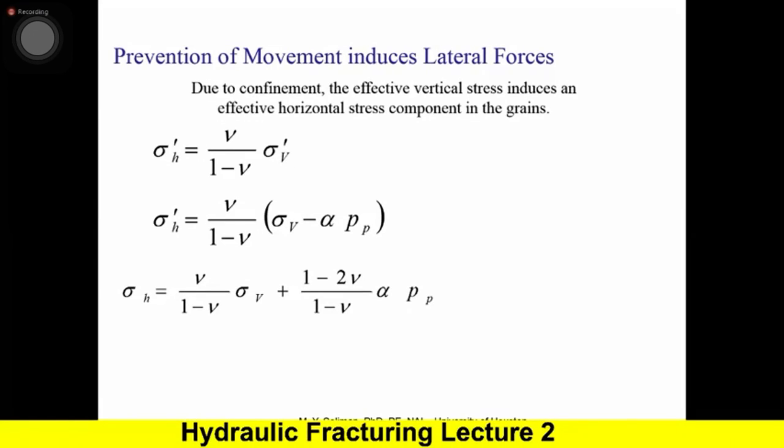Okay, in case of shale, if it's softer shale, it may be 0.4, a little higher than 0.4, not much higher. Sandstone maybe even less than 0.35, maybe 0.3. So you can see that this is the reason that the softer shale will have higher horizontal stress than hard rock, sandstone.